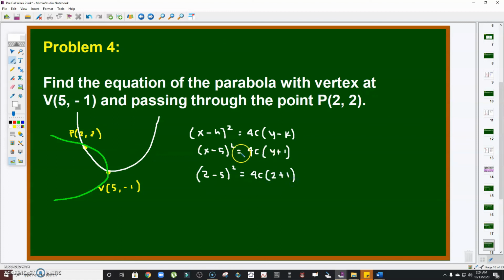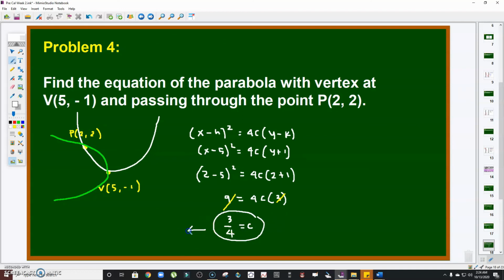Again, ang x and y mo are both equal to 2. So, that will be (-3) squared, that's 9, equals 4c times 3. So, clearly, maka-cancel yan. That will be 3. Therefore, ang c ko is 3/4.